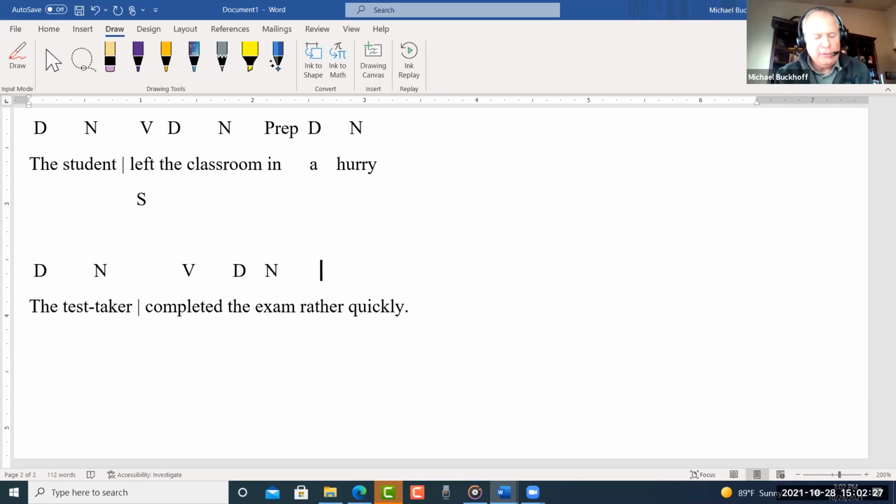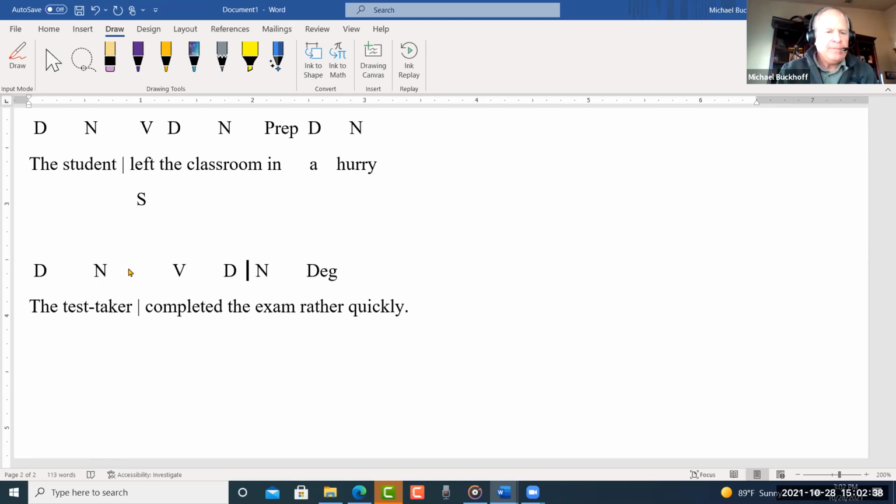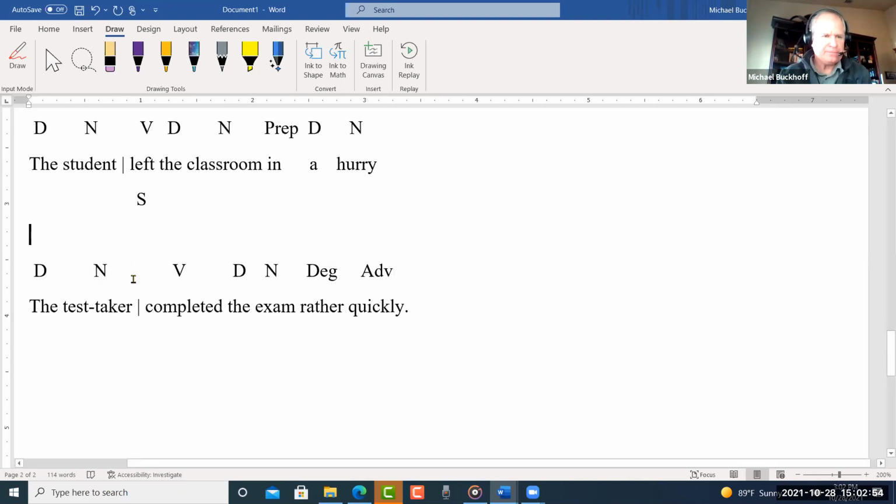You can just call it an adverb for our sake, but I'm going to call it a degree adverb to be even more specific. So we have a degree adverb, and then we have another adverb. Adverbs can modify verbs, adjectives, or other adverbs. And in this case, that's what's going on. You have one adverb modifying another.